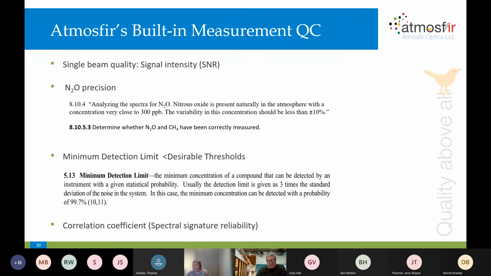So what is the quality assurance in the Atmosfir D-fenceline System? First of all, we're monitoring the single beam quality and the signal to noise ratio. Second, God gave us something like an internal standard called nitrous oxide.